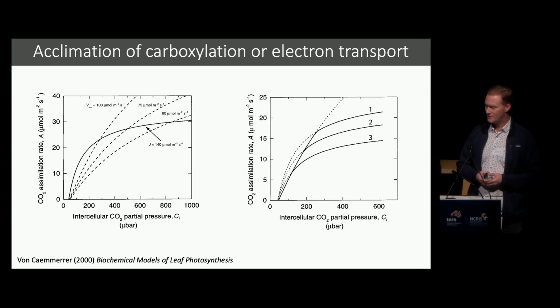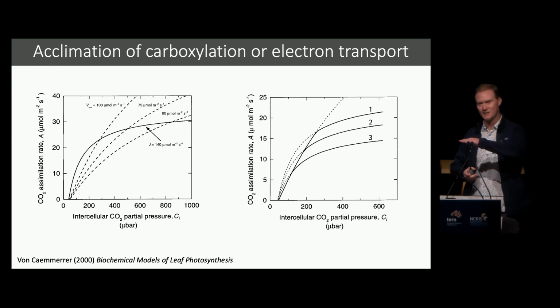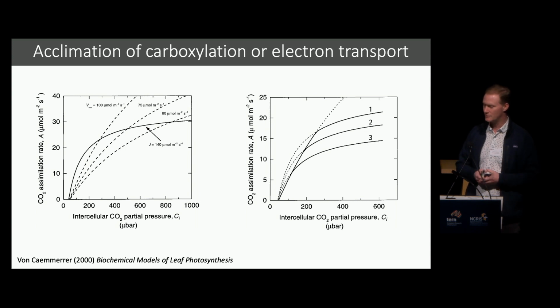And you can see on the left-hand side, if it adjusts the Ci transition point by changing the carboxylation, the Vcmax, then that solid line is the increase in photosynthesis. And as we go to higher concentrations, it actually flattens off a lot compared to the lower concentrations.